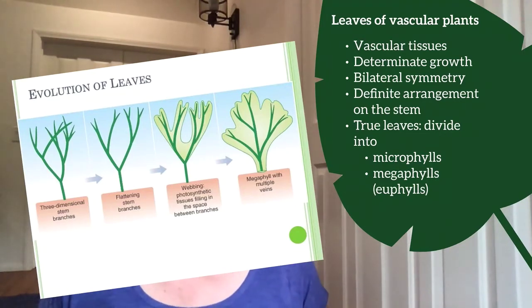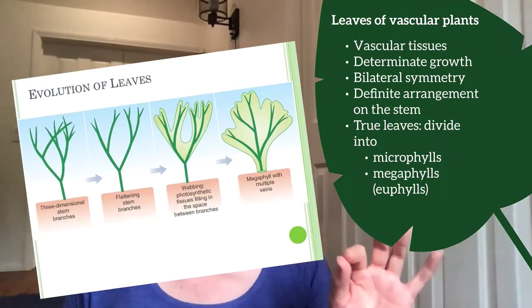And then the true leaves, meaning a structure that actually functions as a leaf, can be divided into what we call microphylls or megaphylls. From the term microphyll, that's much smaller. They're small and they really just have a single vascular strand.